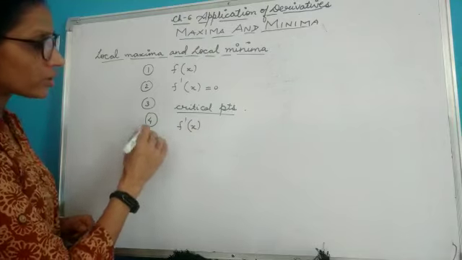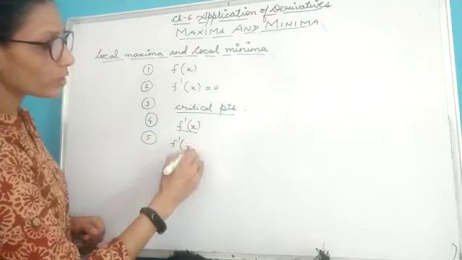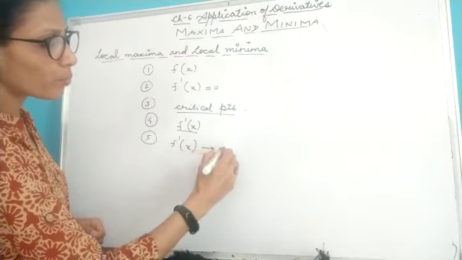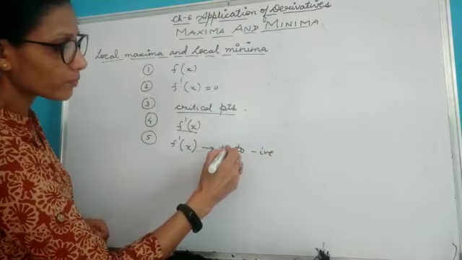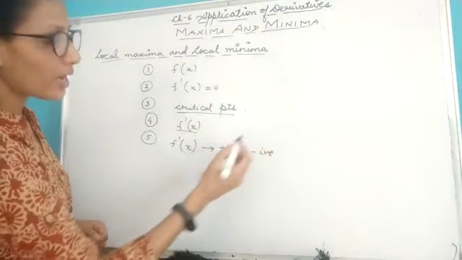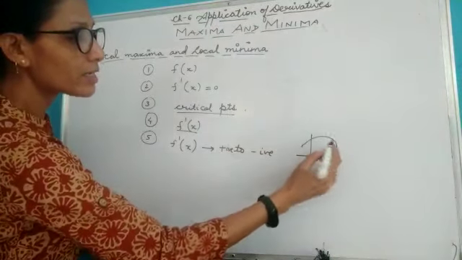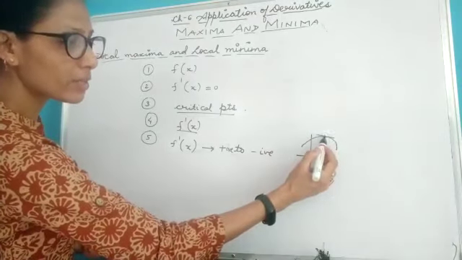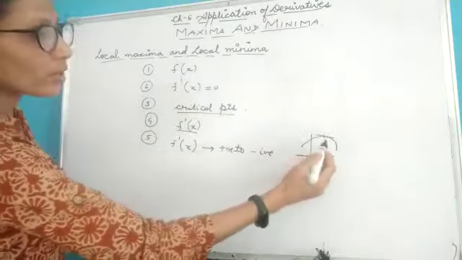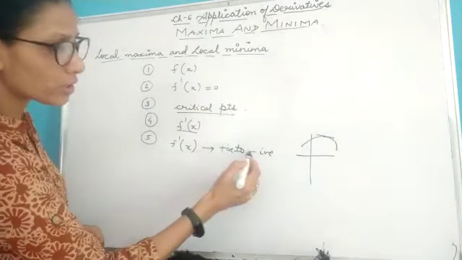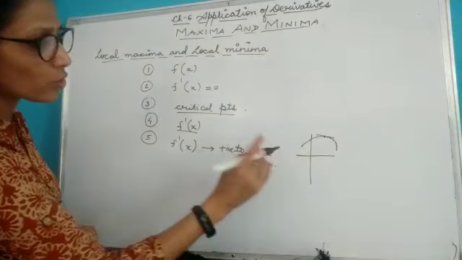Then in the fifth step, you need to find out if your f dash x moves from positive to negative value. That means the curve has attained a maximum point and then started decreasing.